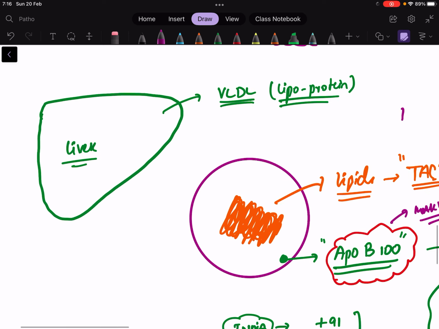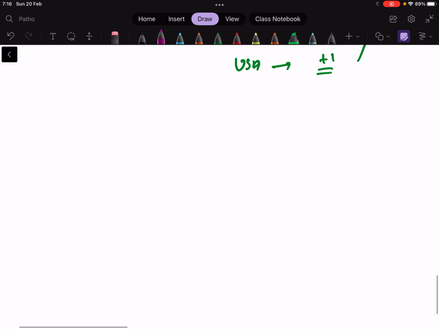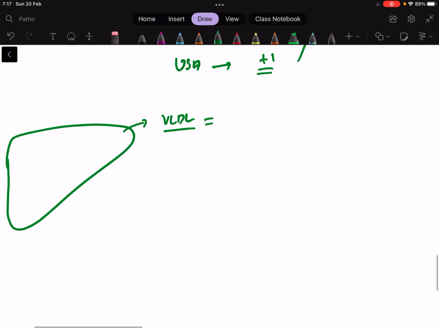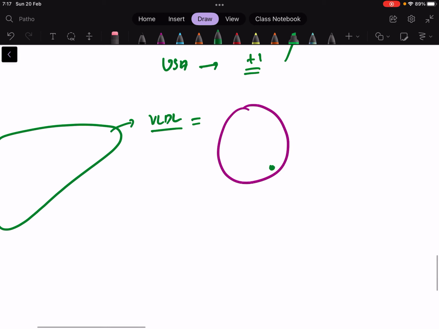So I would like to give a few examples of such lipoproteins. I already told you that the liver produces a substance called VLDL. Suppose this is the liver, and VLDL has a protein part, and this protein part is going to have ApoB100.